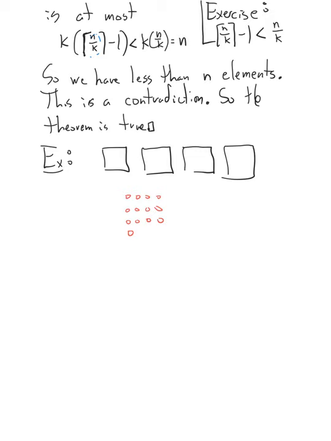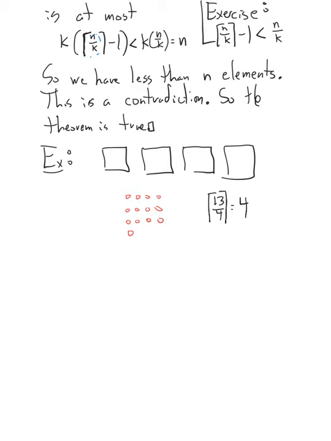Well, what we're saying is at least one box must have the ceiling of 13 over 4. Well, 13 over 4 is 3 1/4, and so the ceiling of that is 4.